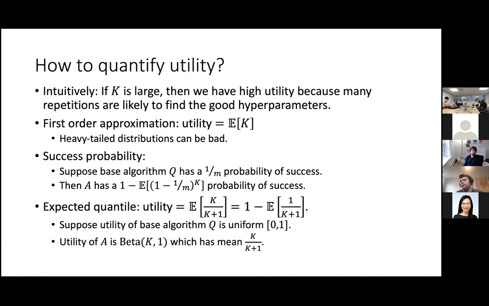So I could have as heavy a tail as I want. I'm still not going to get past the fact that I, with decent probability, have a very small K. Okay, so these are the different ways that we're going to measure utility in a generic sense.